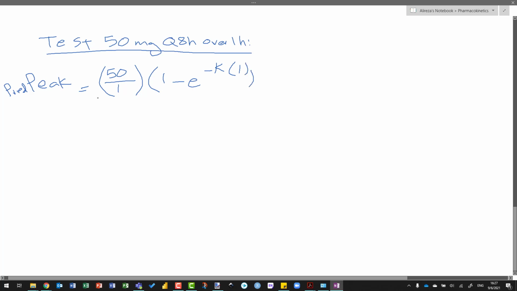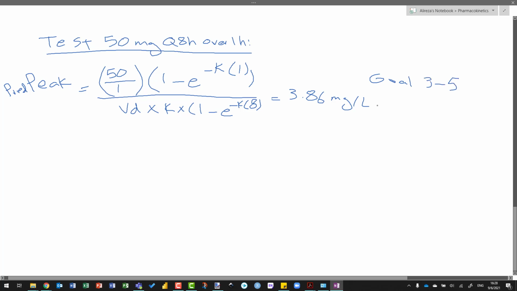And then we divide this whole thing by volume of distribution times k times 1 minus e to the negative k times tau. Tau is 8 in this case. And what we would get is 3.86 milligram per liter.